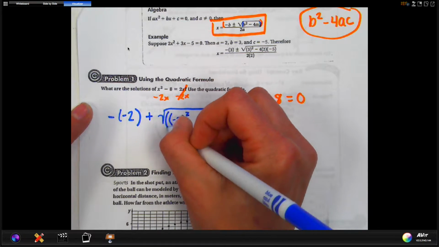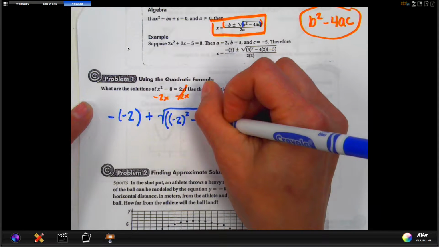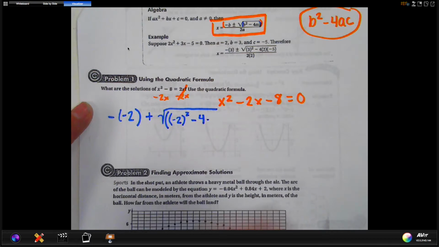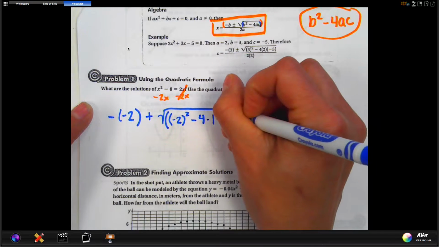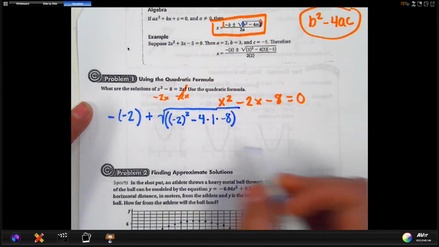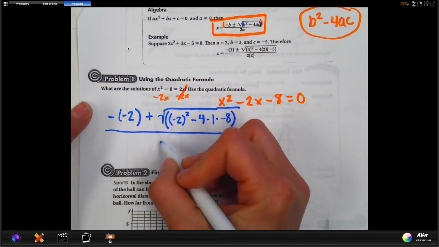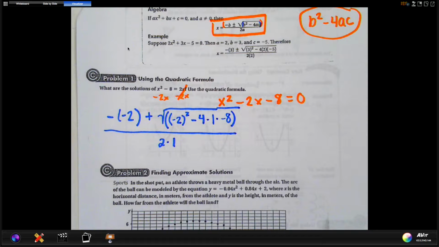Actually, we're going to have 2 parentheses here. Minus 4 times a. What's a? 1 times c. Negative 8. Yep. And then it's all divided by 2 times a, so 2 times 1. So that's a big old long quadratic formula.